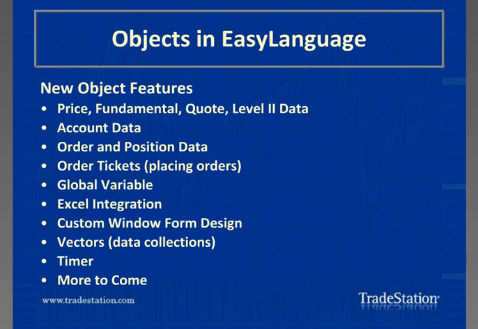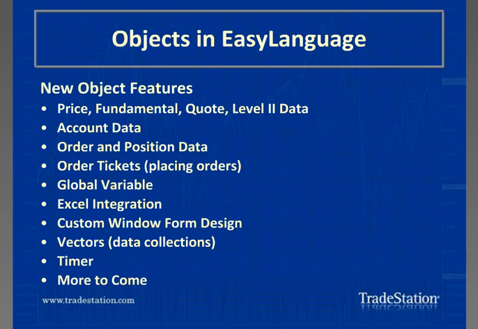A lot of people ask me, why do I need EasyLanguage objects? And for a large array of applications in TradeStation, you don't need EasyLanguage objects. If you're writing simple indicators and simple trading strategies, you probably never need to tap into all of the features and functionality of objects.